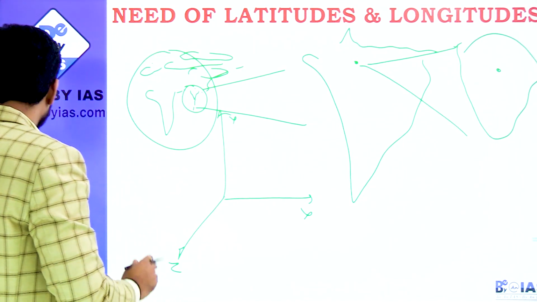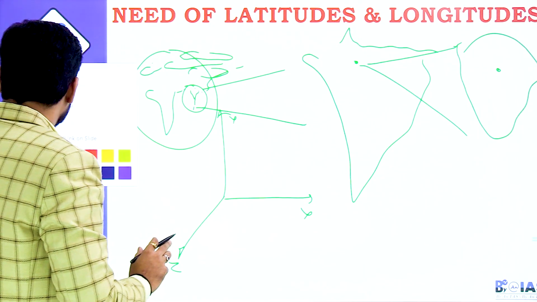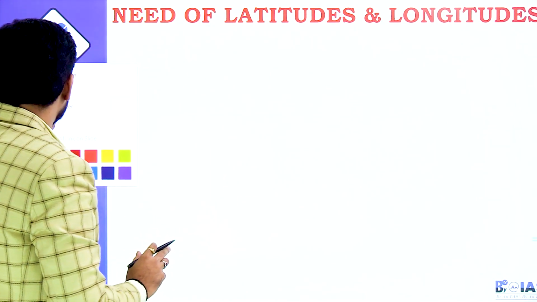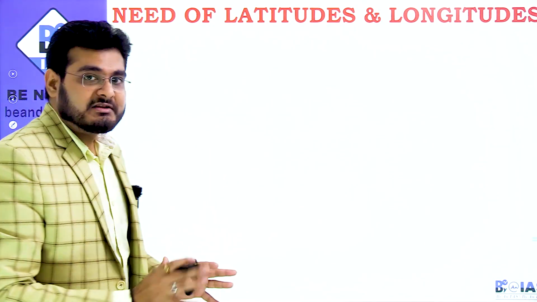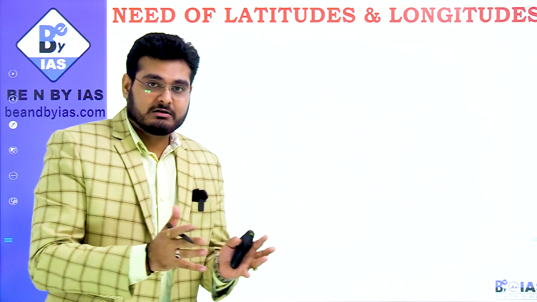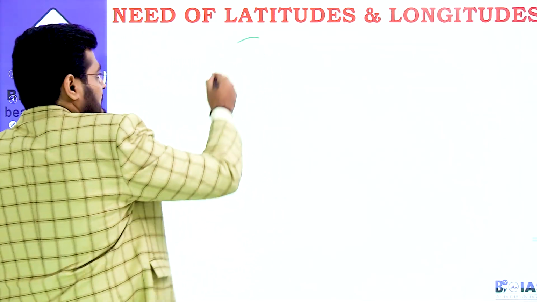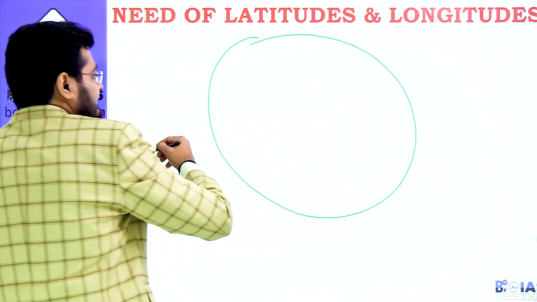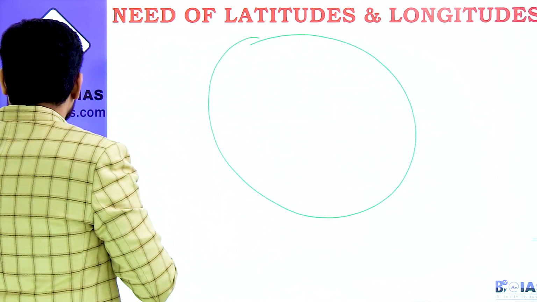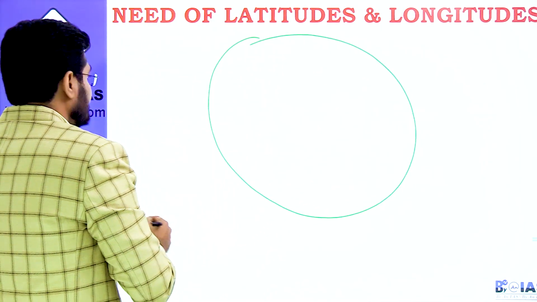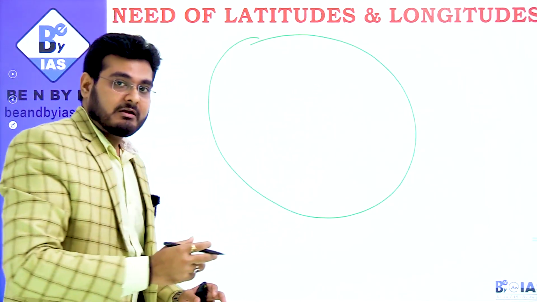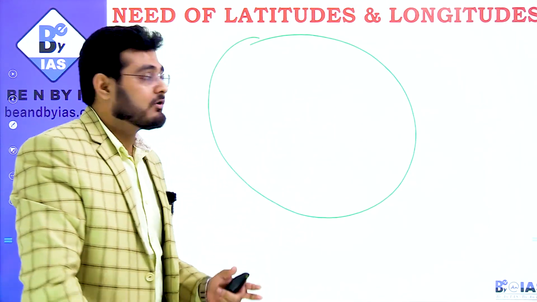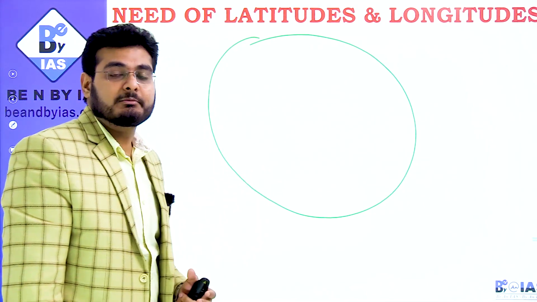Now just try to understand, if you want to locate some part on our Earth, how will you locate it? That is what the real need for latitudes and longitudes is all about.